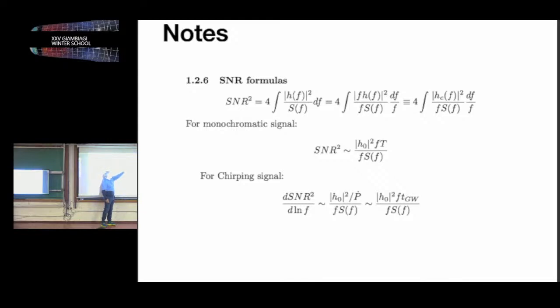So you put df over f here, and you put various powers of the frequency to make all these things dimensionless. So f times s of f is a dimensionless quantity. f times h is dimensionless. So this is sometimes called the characteristic strain as a function of frequency, and that's some noise. And so the signal to noise is given by this.